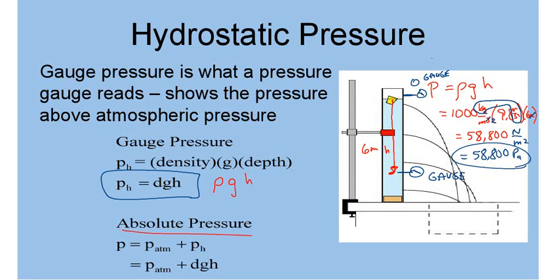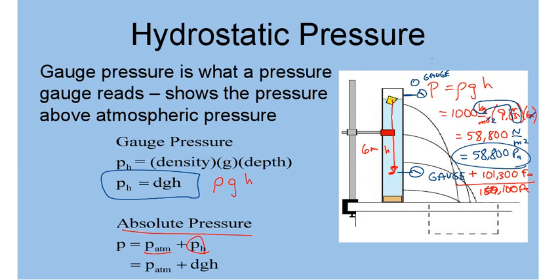If you take the gauge pressure, the pressure at a depth, and add atmospheric pressure, then you'd have the absolute pressure. So we had 58,800 for the gauge pressure. I would need to add atmospheric pressure, which is on average 101,300 pascals. And so I'd have something like 160,100 pascals. Okay, I have to adjust that up.